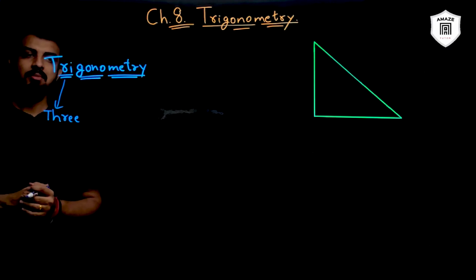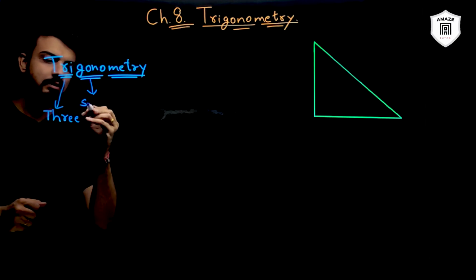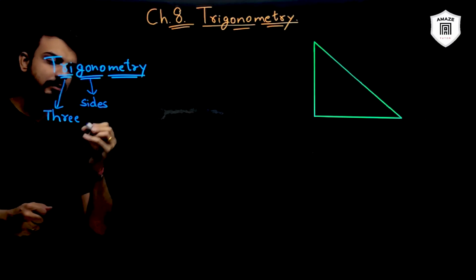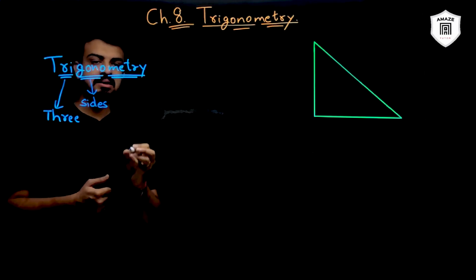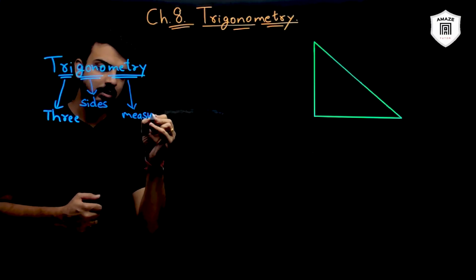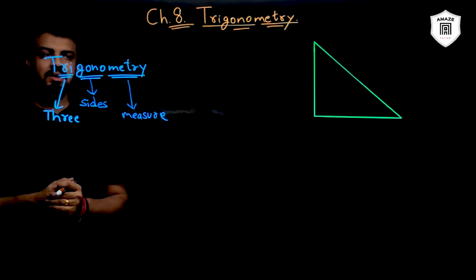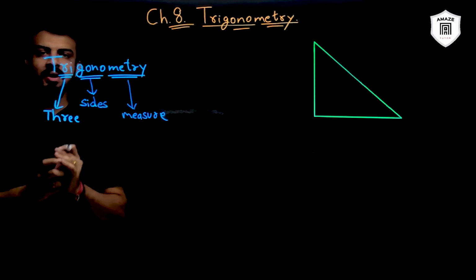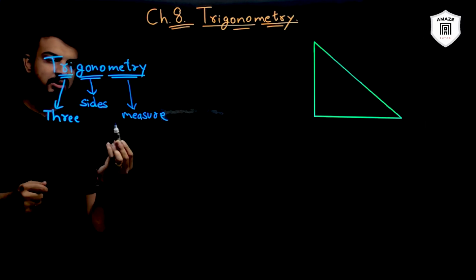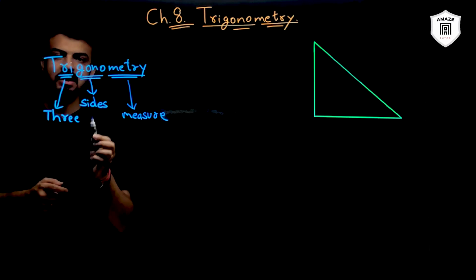So tri means 3, gon means sides, and metry means measure or measurement. So the word trigonometry means the study of the measure of a three-sided figure.